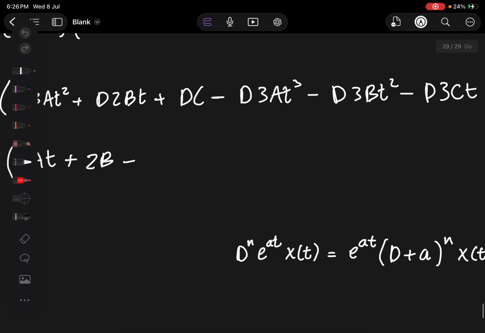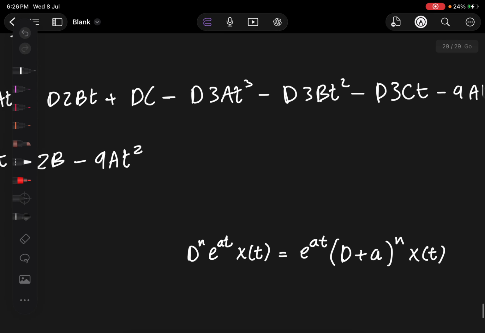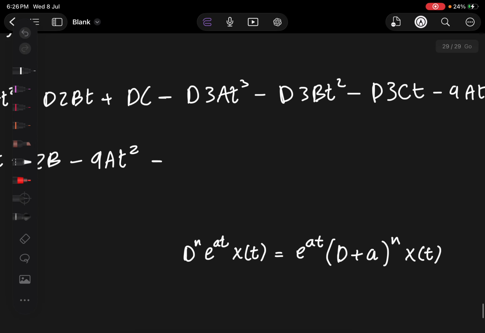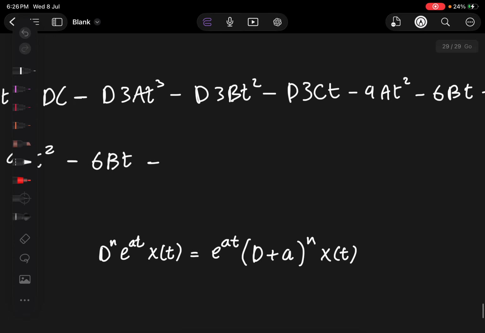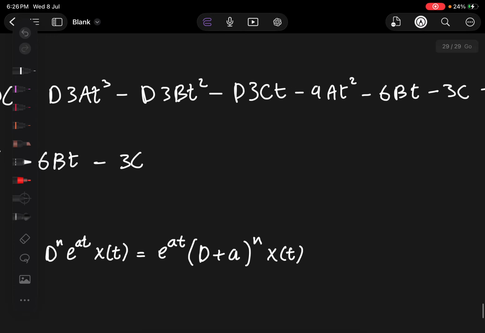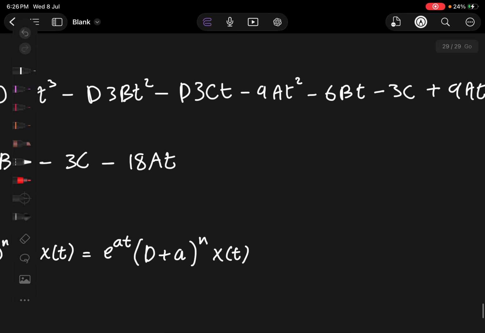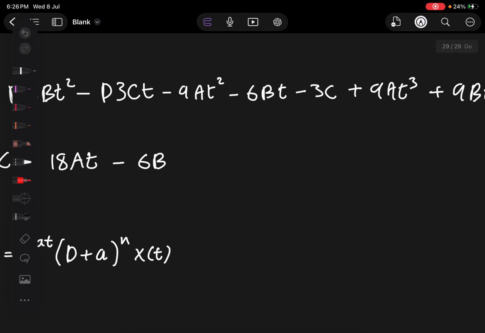Derivative of this is minus 9at squared, correct, minus 6bt, correct, minus 3c, minus 18at, minus 6b.